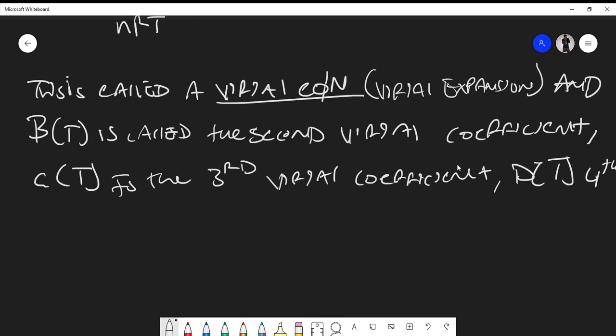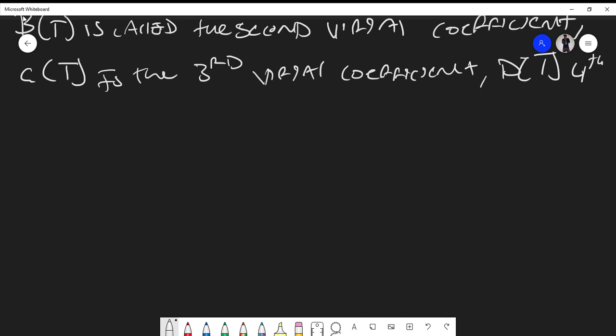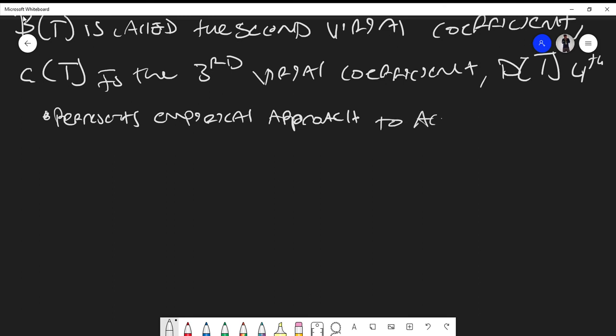Now, what are some of the factors that we need to know about the virial equation as physical chemists? We know that it represents an empirical approach to account for real gas behavior.